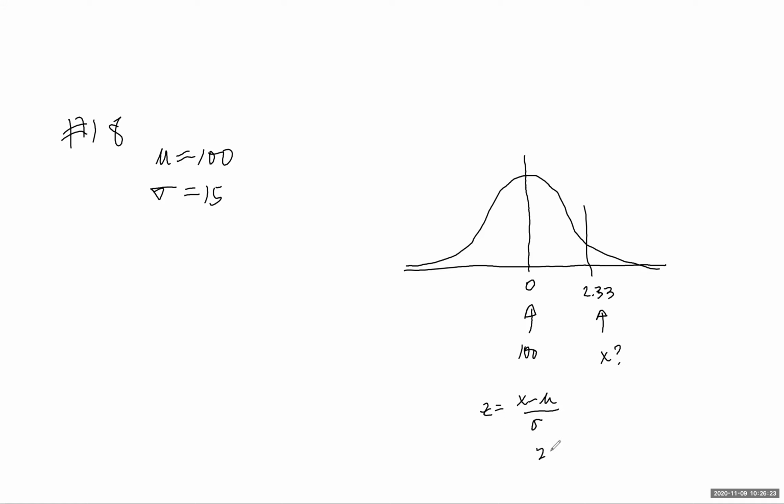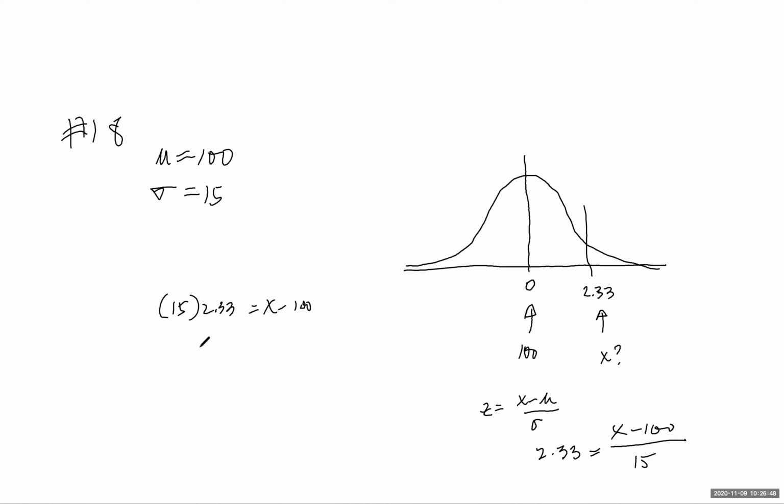In this case, Z equals 2.33, so 2.33 equals X minus 100 divided by 15. So we multiply both sides by 15, a little algebra here: 2.33 times 15 equals X minus 100.